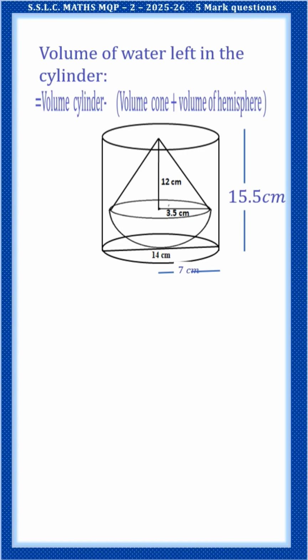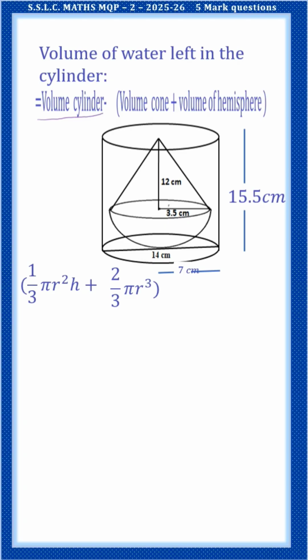Now we are calculating the volume of water left in the cylinder. We have already calculated volume of cylinder. Now let us calculate volume of the toy, that is volume of cone plus volume of hemisphere. Volume of cone is 1 by 3 pi r square h. Volume of hemisphere is 2 by 3 pi r cube.